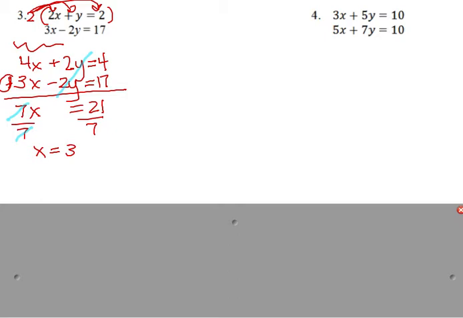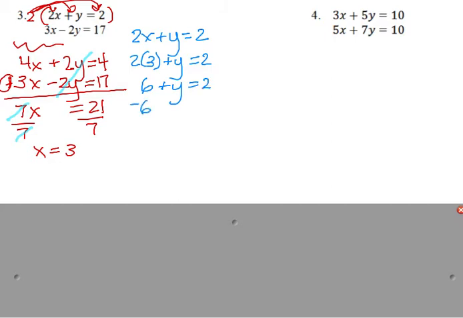So to figure out what y is, I'm going to go back to the very beginning and use one of the two original equations. So if I choose the first one, the first equation was 2x plus y equals 2. And I now know that x is equal to 3. So this becomes 2 times 3 plus y equals 2. 2 times 3 is 6, so 6 plus y equals 2.